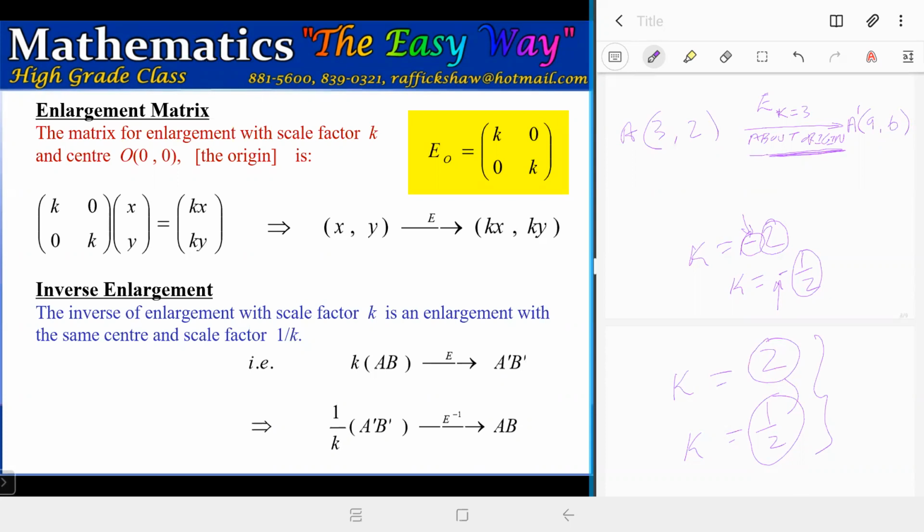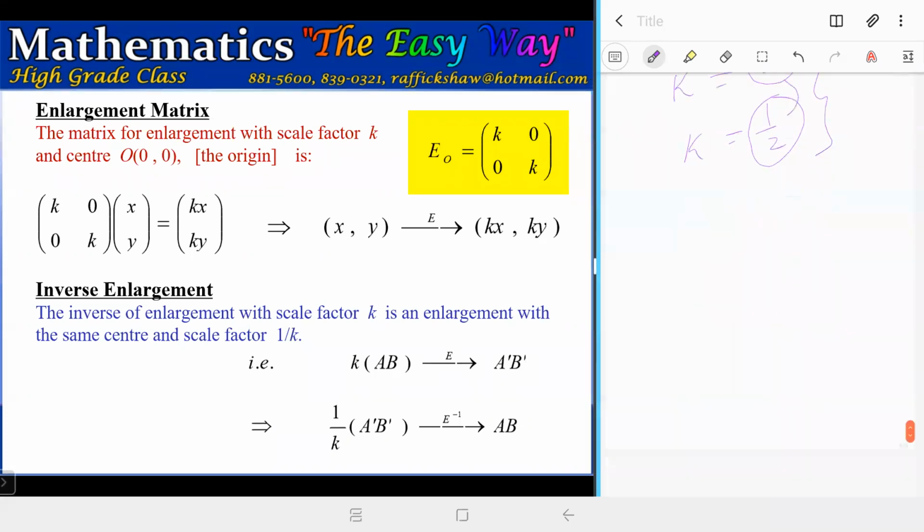In fact, if you calculate the inverse of a matrix, say the enlargement matrix 2, 0, 0, 2, I guarantee you're going to get 1/2, 0, 0, 1/2.